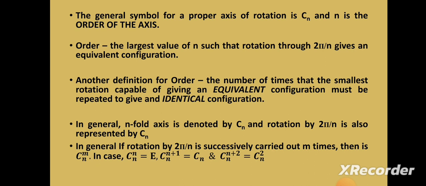Generalizing again, for an n-fold axis, the symmetry operation of rotation is also represented by Cn, and the symmetry element, the axis, is also denoted by Cn. Now if we carry out the rotation of 2 pi by n successively m times, it is denoted by Cn to the power of m. And if Cn to the power of n is E, then Cn to the power of n plus 1 can be written as Cn, and Cn to the power of n plus 2 is written as Cn twice.